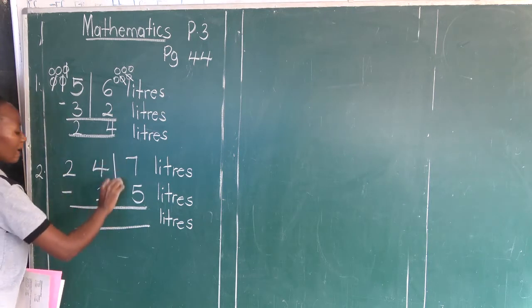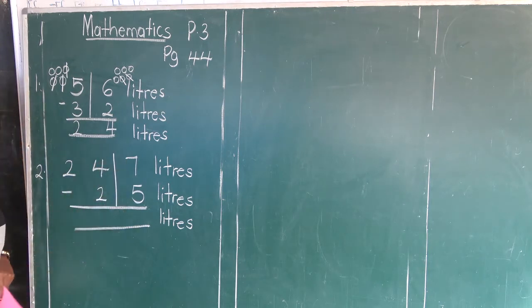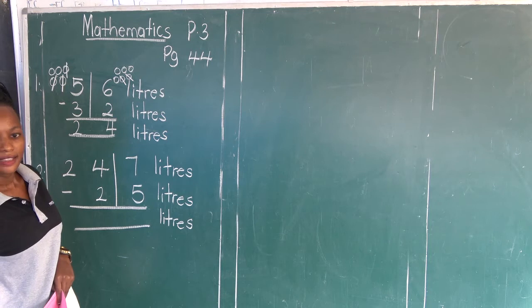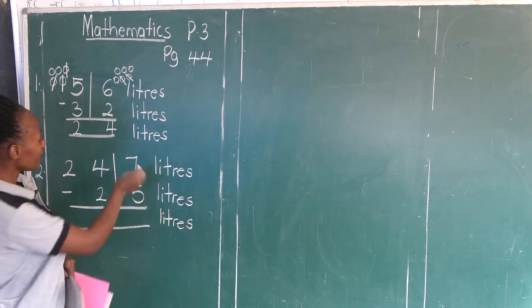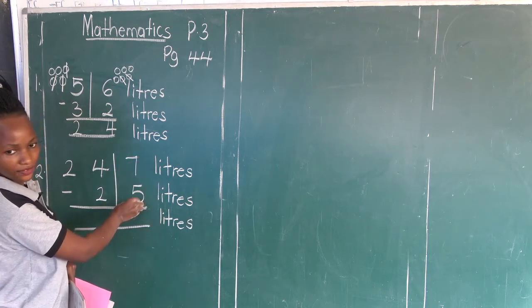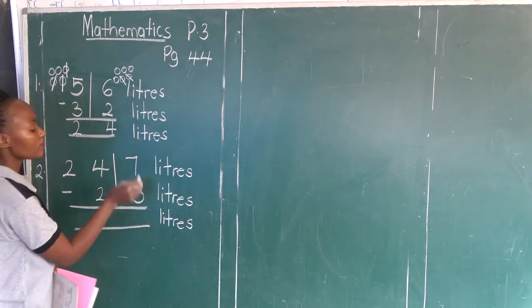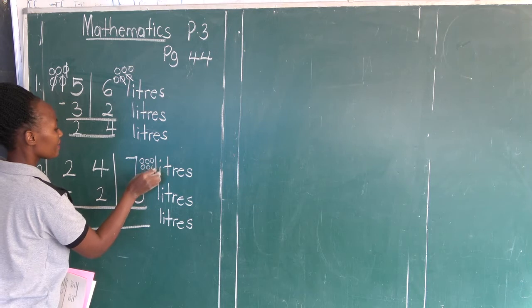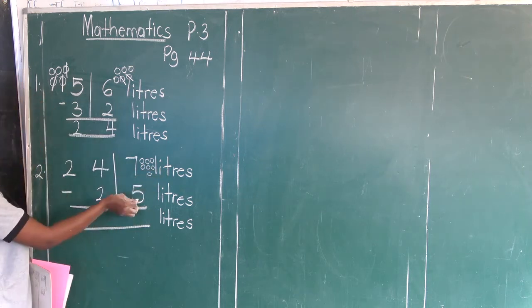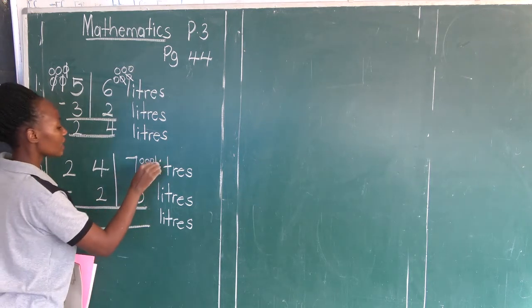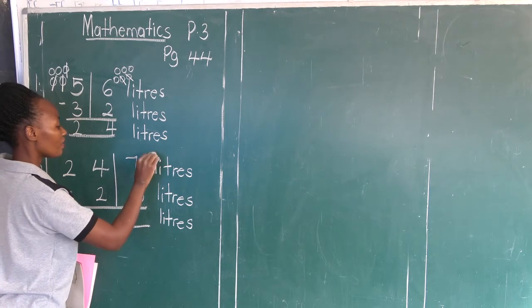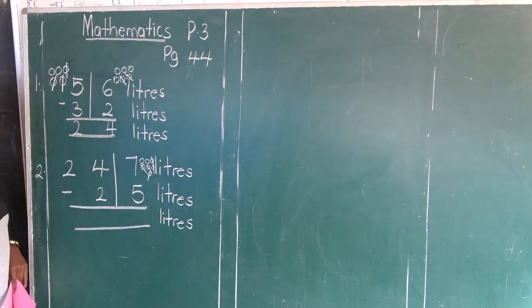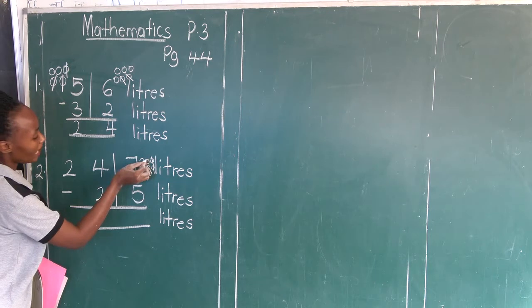We draw our line in the middle, separating the tens from ones. Under ones we have 7, take away 5. Let's draw the 7 balls. 1, 2, 3, 4, 5, 6, 7. We cross out 5. How many have you remained with? 2.